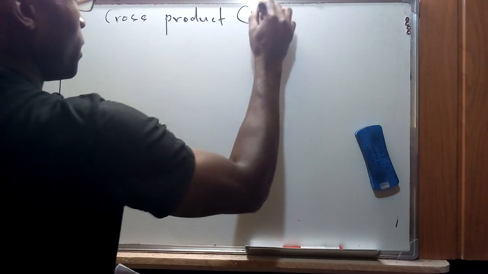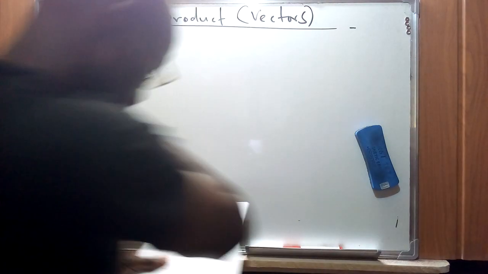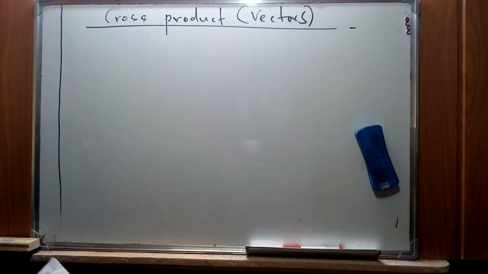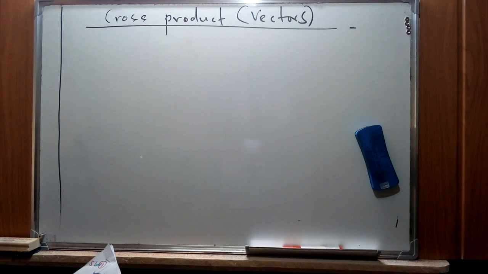So it is the cross product, and this specifically is the cross product of vectors. We have looked at some of the ways in which we can find the scalar product, and the cross product is going to be represented in a different way.